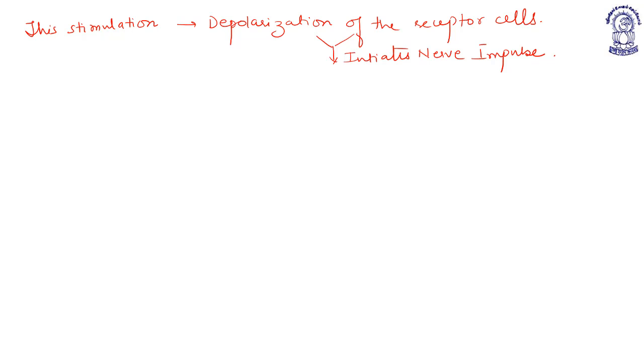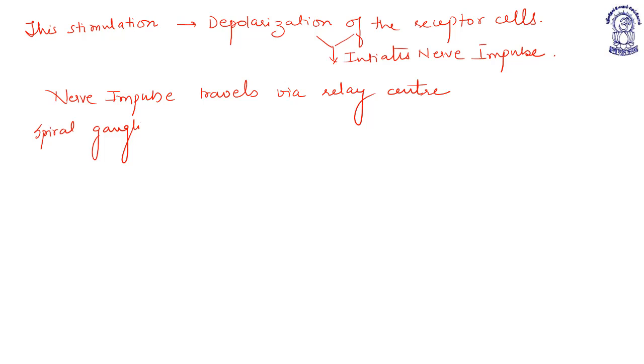The nerve impulse travels by relay centers, like spiral ganglion, to cochlear nuclei.